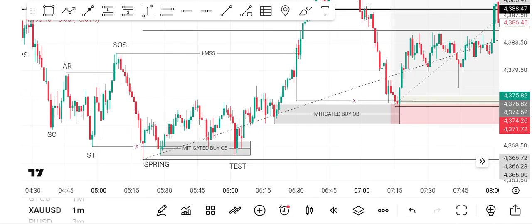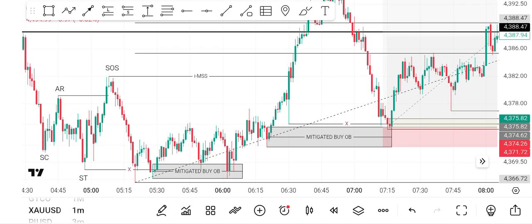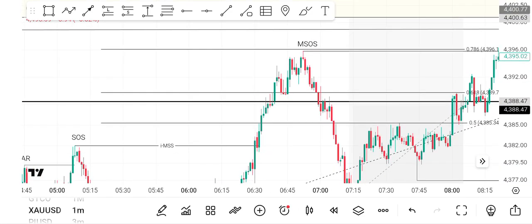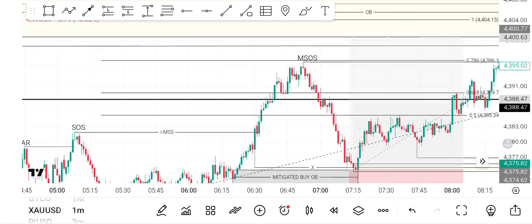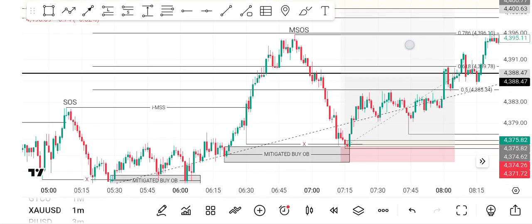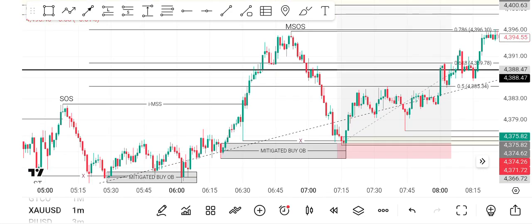So now, after the market breaks above this sign of strength by the spring area, the first momentum of the spring area, we now have what they call the major sign of strength, a major sign of strength there.